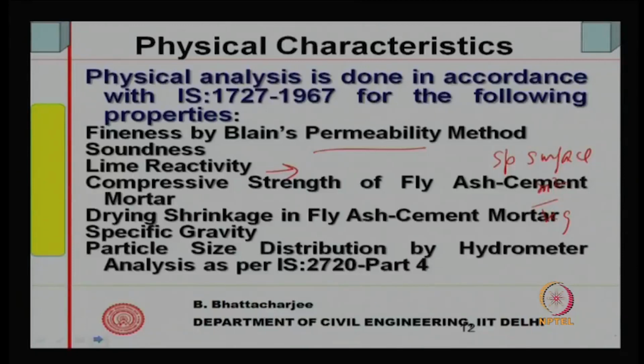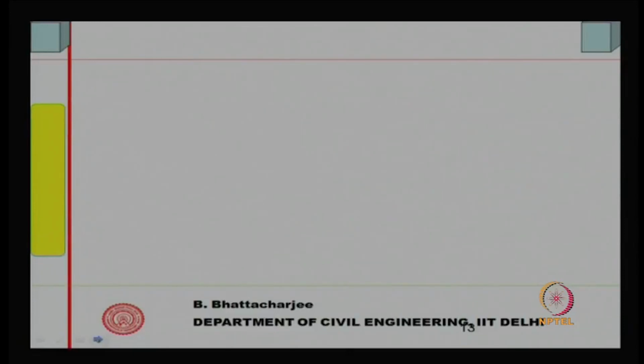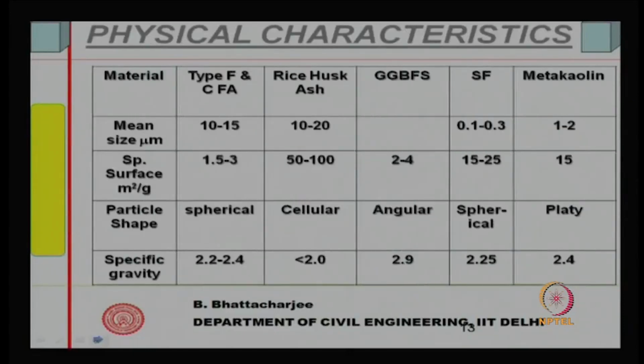But in any case, one must understand that the particle size determined by one method is not comparable to that determined by another method. They are essentially comparative tools to find out fineness and particle size distribution.